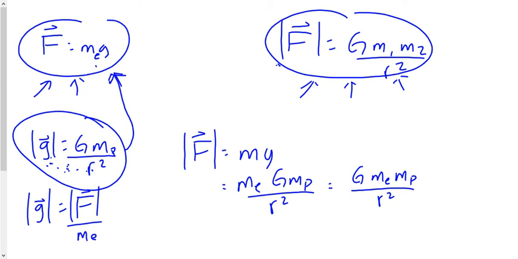And guess what happens? You end up with exactly the same thing as we would have done when we used Newton's law of universal gravitation. It's not a coincidence that these equations are as they are. If we put them together, they all end up blending together perfectly so that we get the same answer using multiple methods. All right.